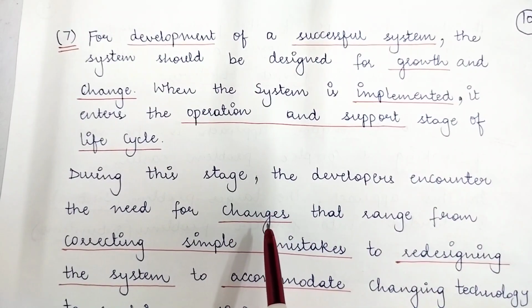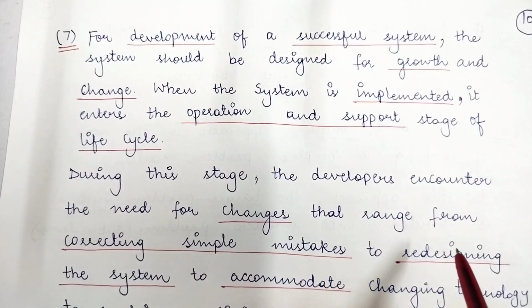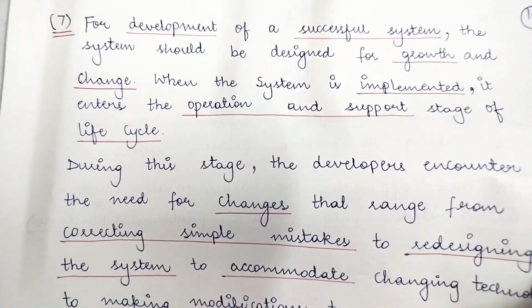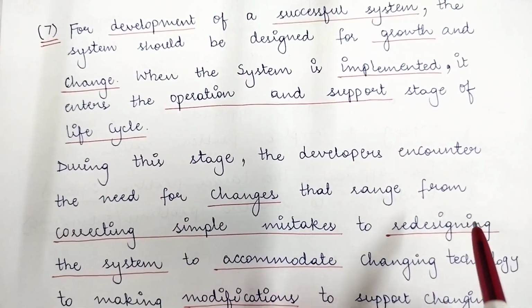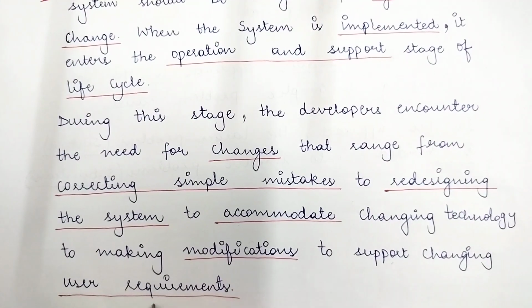During the operation and support stage, the developers will encounter the need, or will feel the need for changes in the system, because when you are maintaining, that means continuously you are doing some or other changes. These changes may be little changes, small changes like correcting simple mistakes, or some very big changes like redesigning the entire system, so that you can accommodate the changing technology, because the technology would obviously change with time, and in order to accommodate those changes in technology, you would need to do changes which would range from small changes like correcting simple mistakes to some big changes like redesigning the entire system, so that you can make modifications to support changing user requirements.